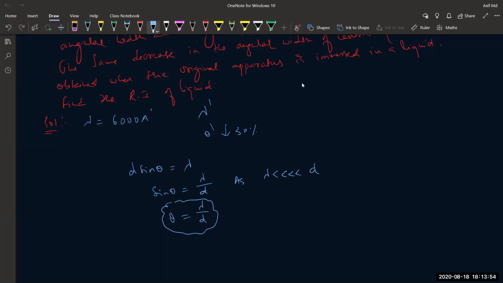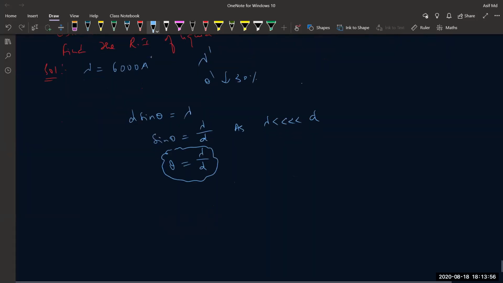Now, what is the angular width of the central maxima? It is 2 theta, which is 2 lambda by d.